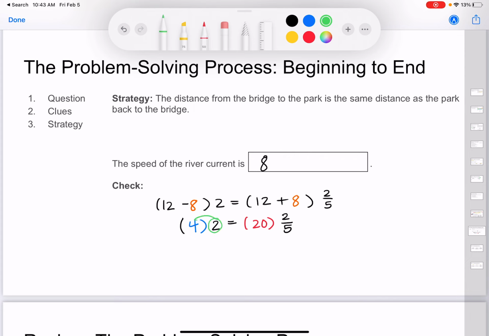So that gives us 8 equals, multiply here as well, which gives us 8 as well. So 8 equals 8, which means that we did in fact find the correct rate or speed of the river current.